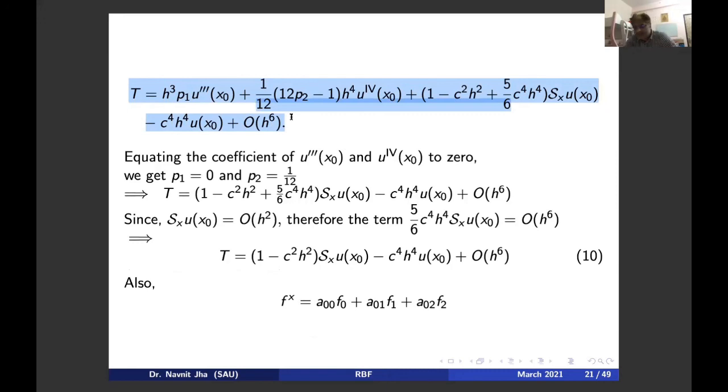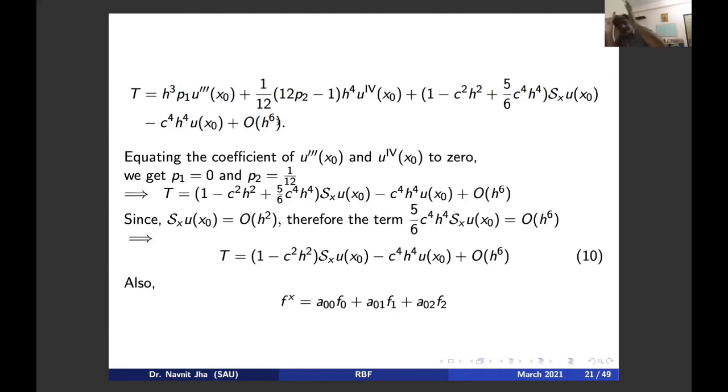All right. Now there are so many terms in this relationship T: h cubed, h4, this is Sx, this is h4 u at x naught plus order h6. I am interested in only those terms whose operator is known to us, either the operator form or u is there. No derivative. I do not want any derivative.